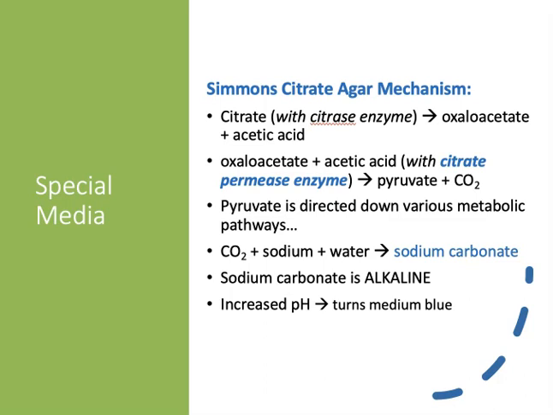And if the bacteria that grows on it produces citrate permease and converts the citrate to pyruvate and carbon dioxide, we're going to get sodium carbonate made, and the sodium carbonate is going to raise the pH of the medium. It's alkaline. That change in pH is going to cause the medium to go from green to blue.